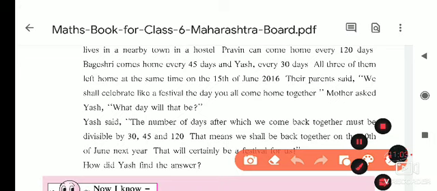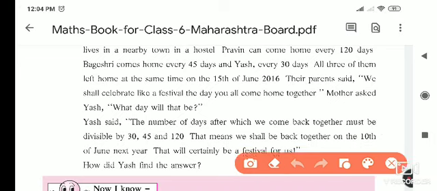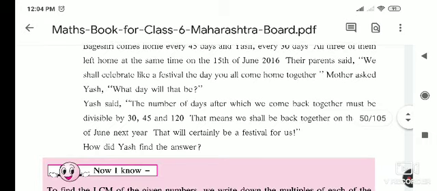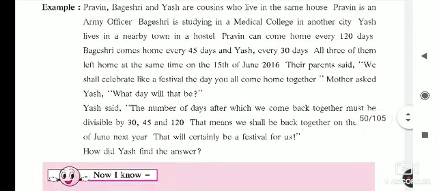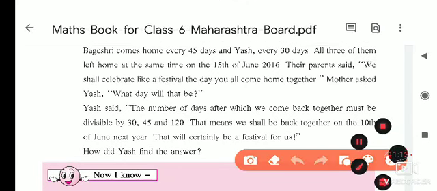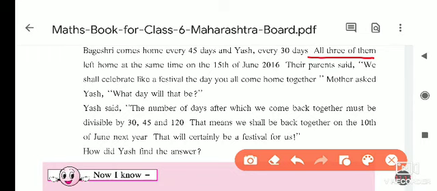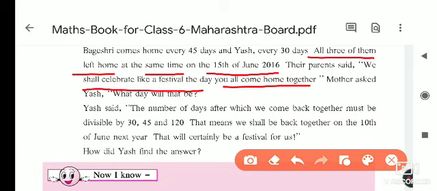For finding that we have to find the LCM. Here in the conversation it is given: all three of them left home at the same time, that is 15 June 2016. Their parents said, "We shall celebrate like a festival the day you come together."